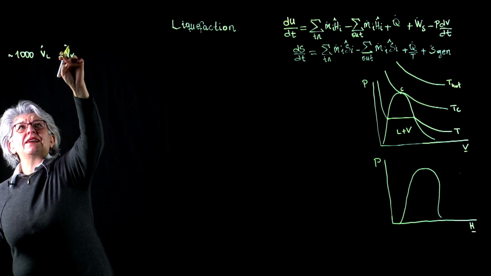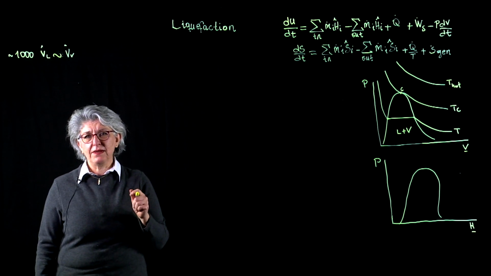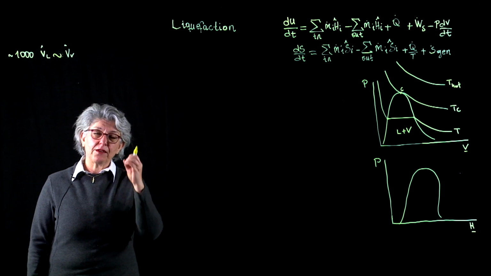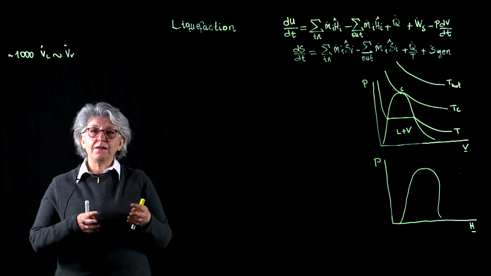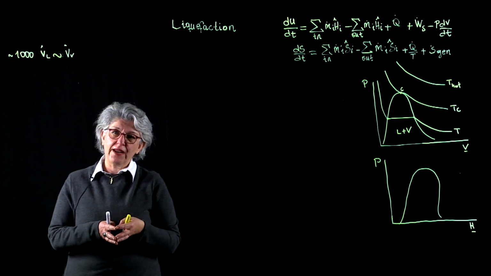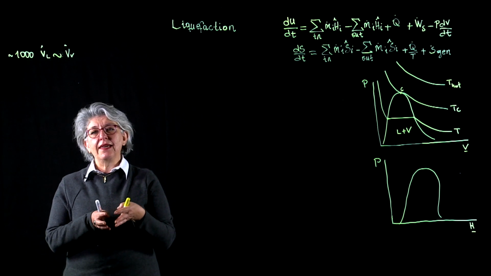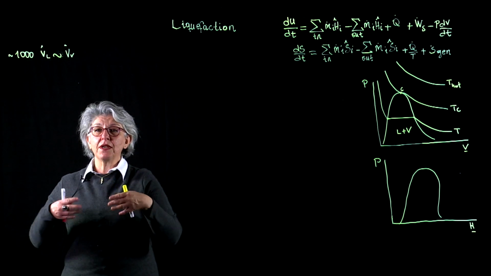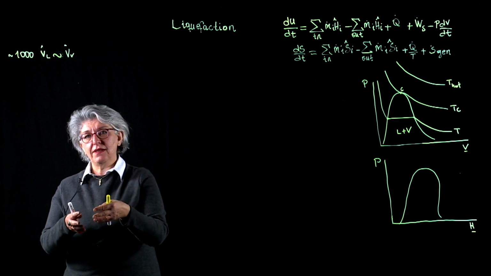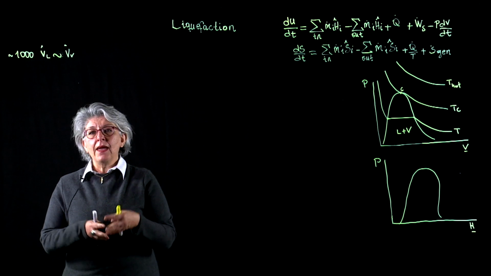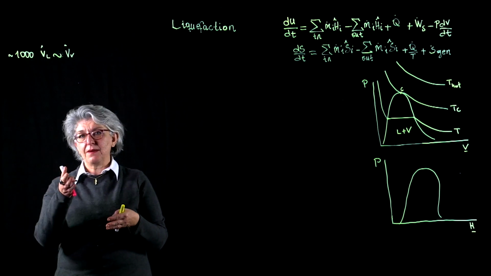This is not an equality, but it's an order of magnitude comparison, that the volume of vapor is about 1,000 times greater than the volume of the liquid. In other words, if I liquefy natural gas, I can carry the same amount of natural gas in a vessel that is 1,000 times smaller when I attempt to transport it in its gas state. As a result, liquefaction has a transportation advantage in this example.